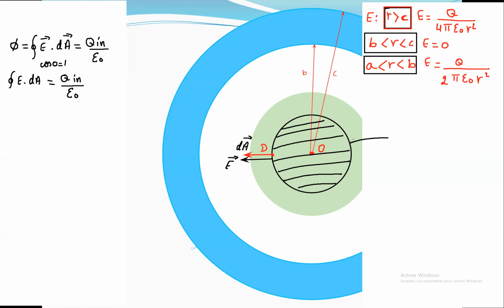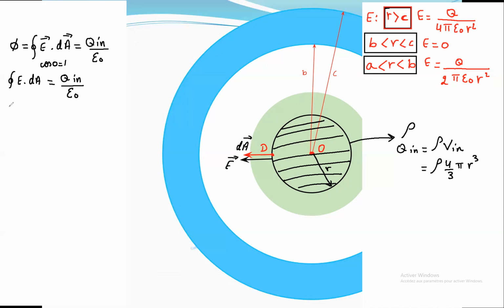Here we have a uniform charge distribution. It's not metallic. And I give you a volume charge distribution rho. So Qn inside equals rho times Vn. And Vn, this one has a radius equal to r, so equals 4 over 3 pi r cube. Okay.